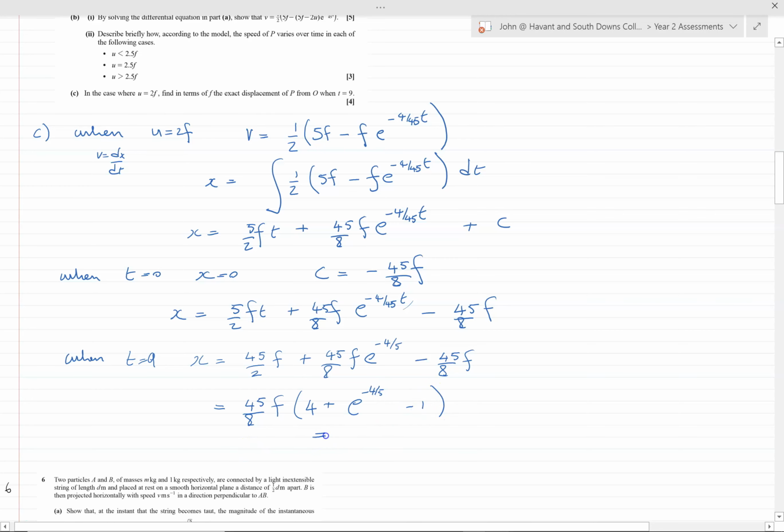So then that comes to 45 over 8f times 3 plus e to the minus 4 over 5, and it did want it exact. Okay, that's it.